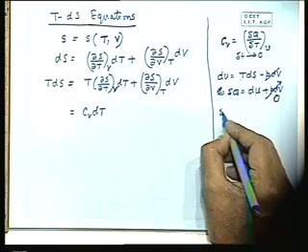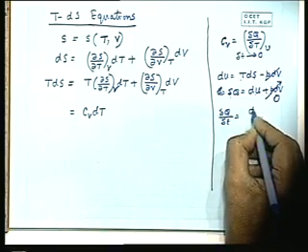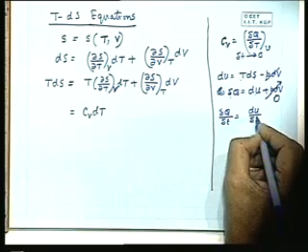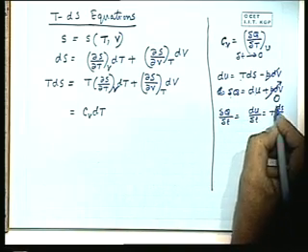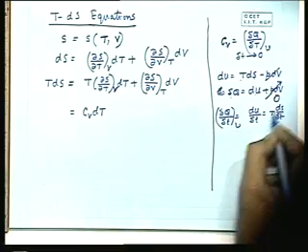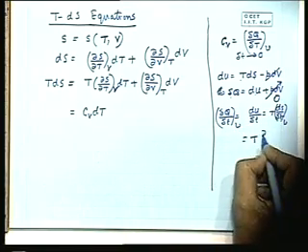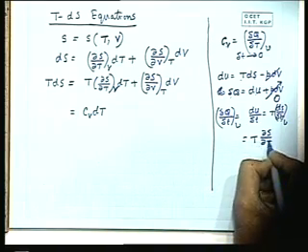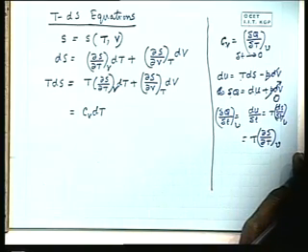So, del Q by del T will be du by del T equal to TdS by del T, and that is at constant volume. That means it becomes T del S del T at constant volume. This is clear.